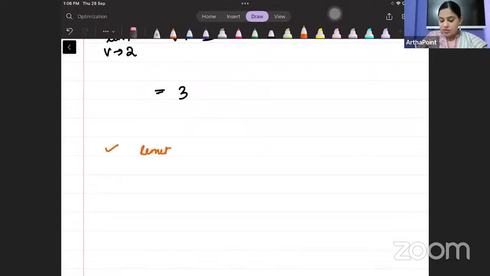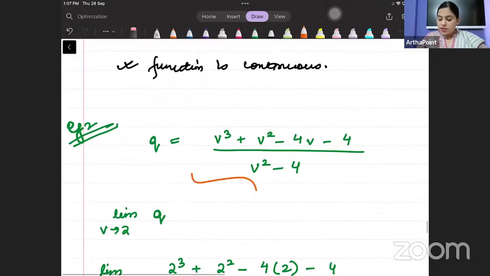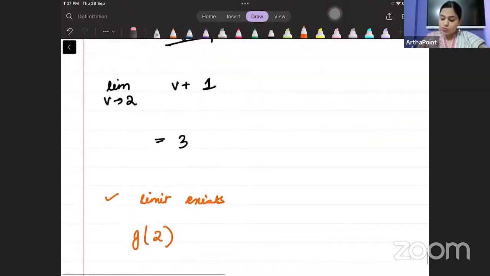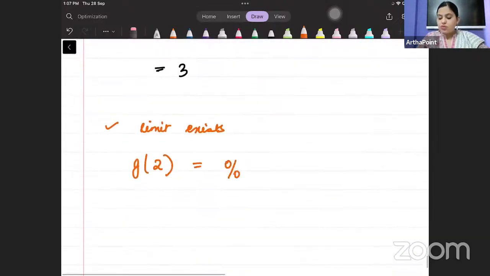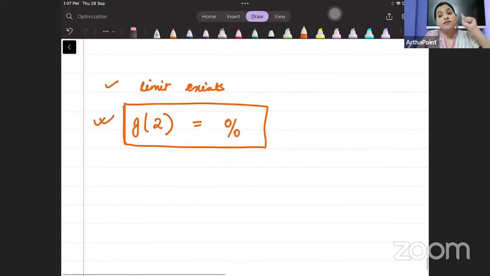The limit exists, because I broke down this function, and after that the value that came was defined. So the limit of the function is existing, but the value of the function at 2, we will check in the actual function, na beta. The value of the function at 2, beta, is coming 0 by 0. So even though the limit exists, the value is not defined at that point for the original function, right?